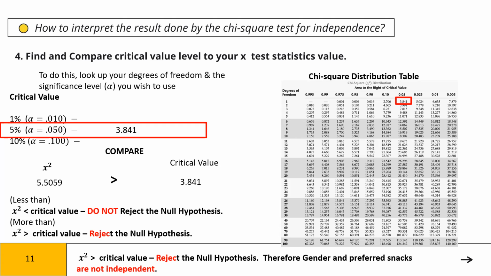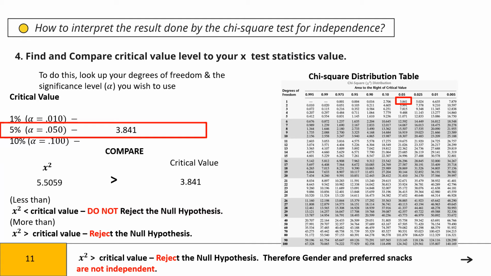Now, since we already have the degrees of freedom, which is 1, and we also have the chi-squared statistic value, which is 5.59.